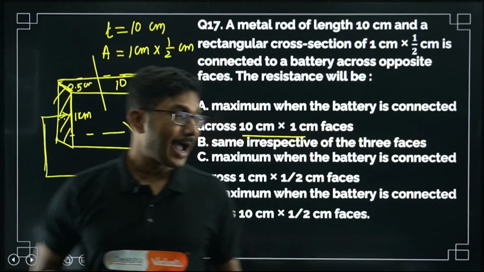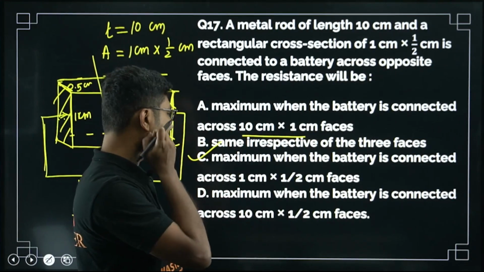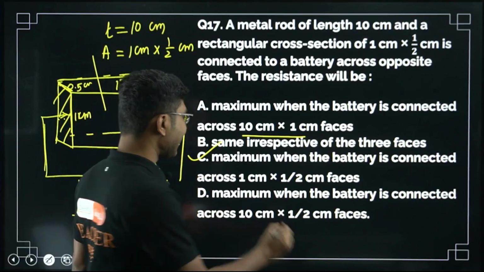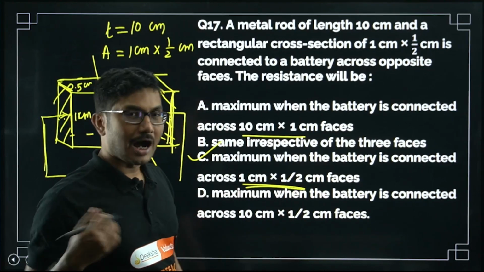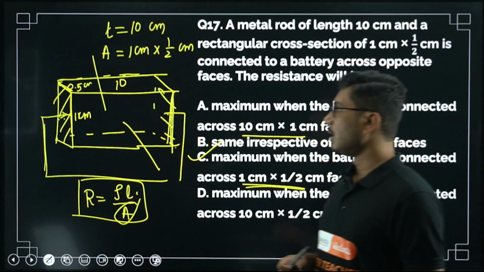The highest possible resistance is when it is connected across 1 centimeter times half centimeter, because in this case the area is minimum, only half centimeter square, and the length is maximum, that is 10 centimeters.